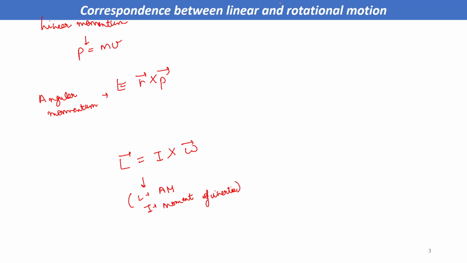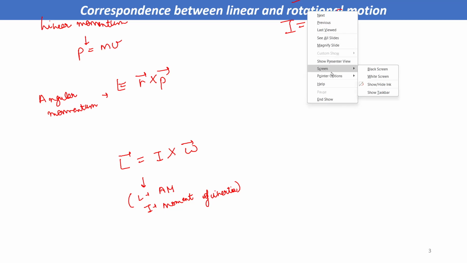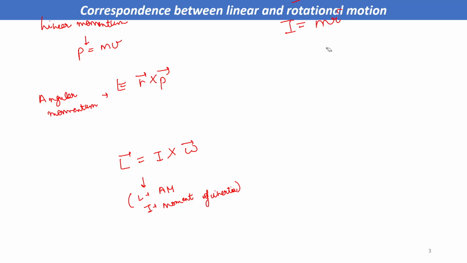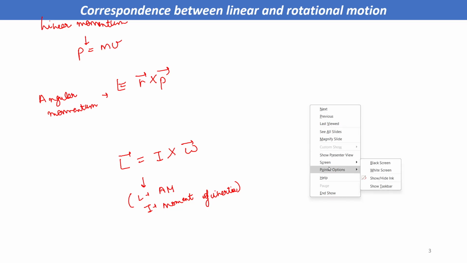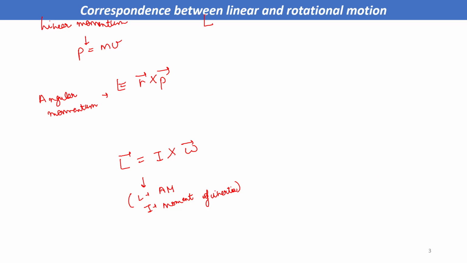Now we also compare the moment of inertia. In the sessions it was mentioned that I is equal to m r square. How? As we know that L is the cross product of r and p. So from here, what is the value of p? p is the linear momentum and linear momentum is given by mv.